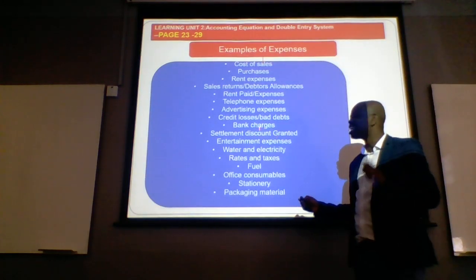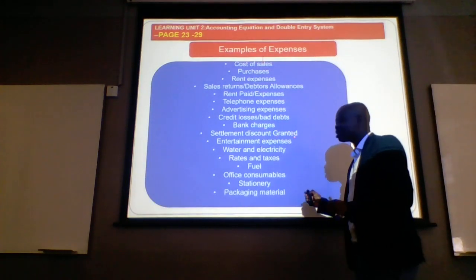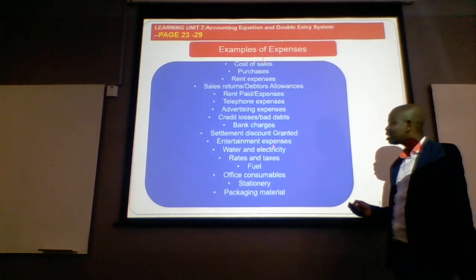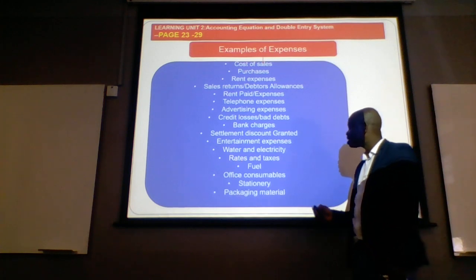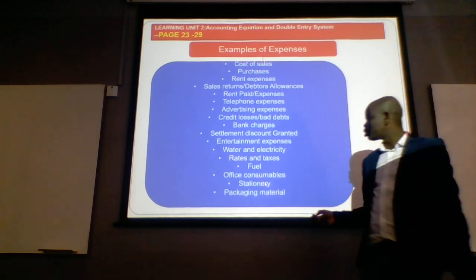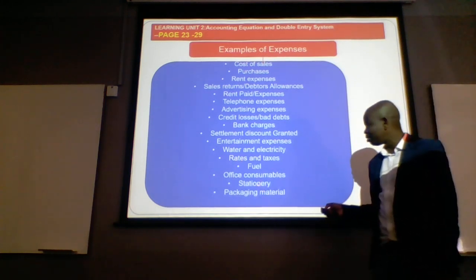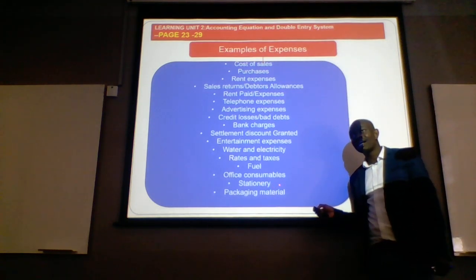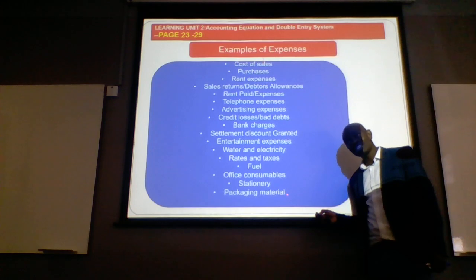But I just put it here as one of the expenses, though it affects sales. Then entertainment expenses, water, electricity, rates and taxes, food, office consumables, stationery, packaging. Can you see now? It's not on hand, because if it was on hand, it would be a current asset.